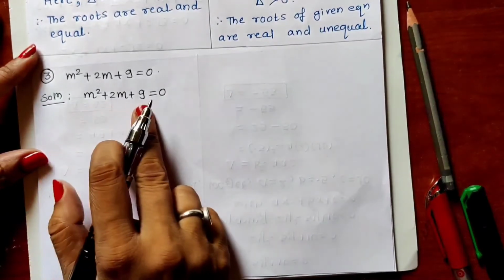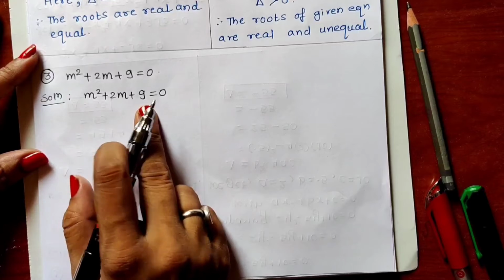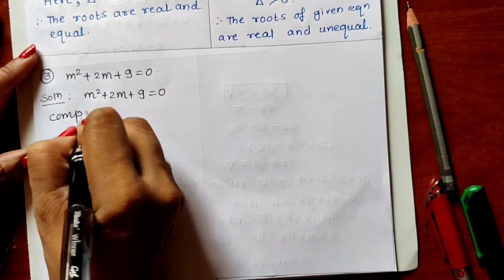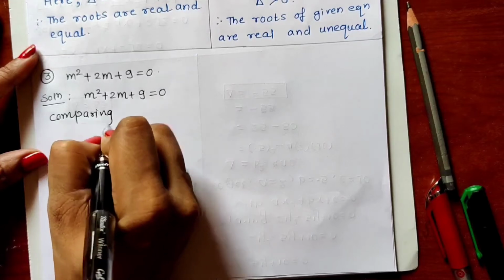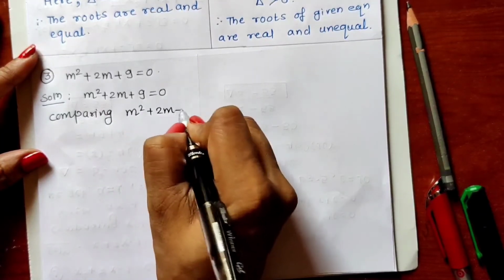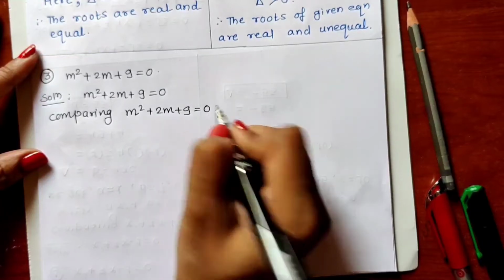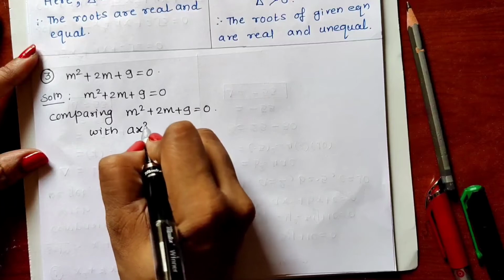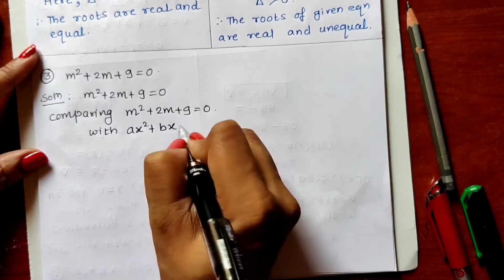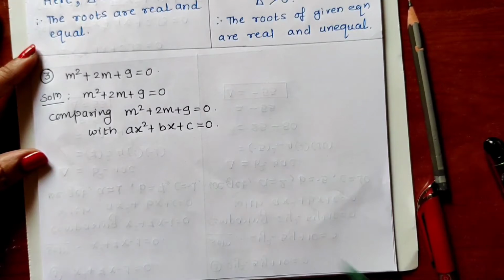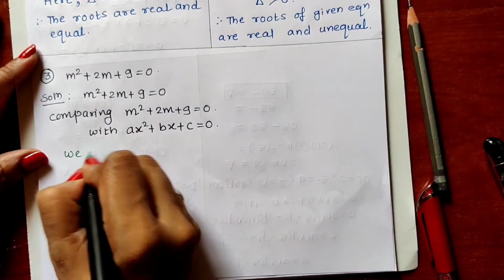We can see it is in the format of ax square plus bx plus c equal to 0. So let us compare. Comparing m square plus 2m plus 9 equal to 0 with ax square plus bx plus c equal to 0, what we will get? We will get the values of a, b, c.